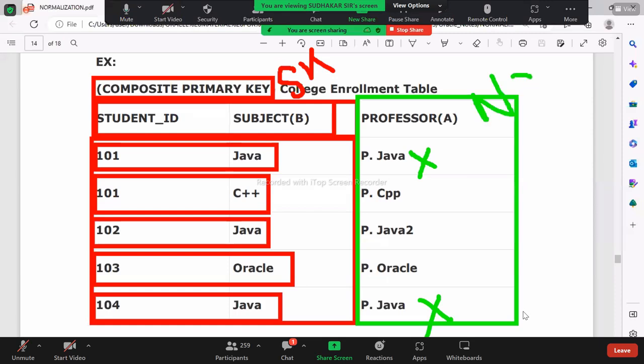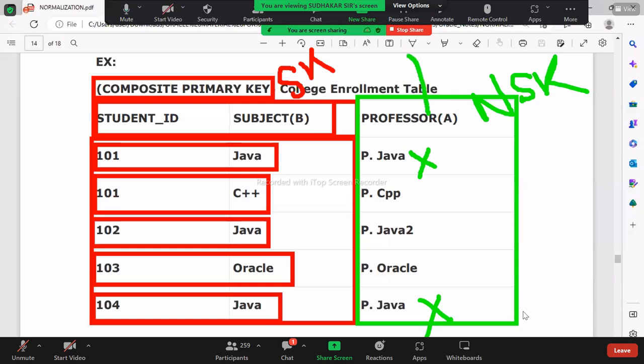Understand the first definition? Subject is a super key column, and professor is a non-super key column. Clear? Comparing these two columns, professor depends on subject.